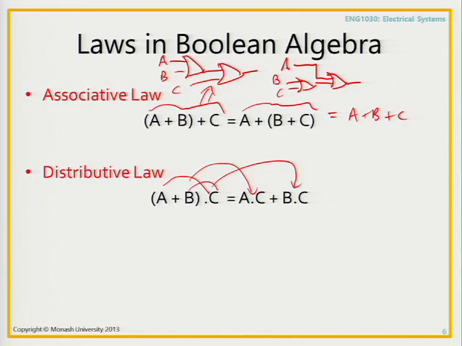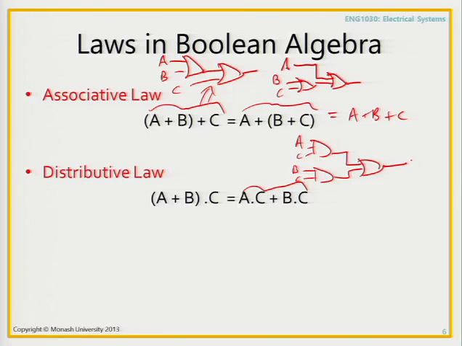So that also works. In this case, just to refresh, if I were to implement this function using logic gates, then I would need an AND gate for the AC, right? And I would need an AND gate for the BC, and I would need to OR these together to get AC plus BC, right?